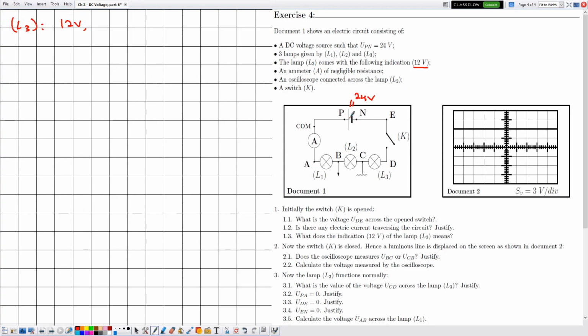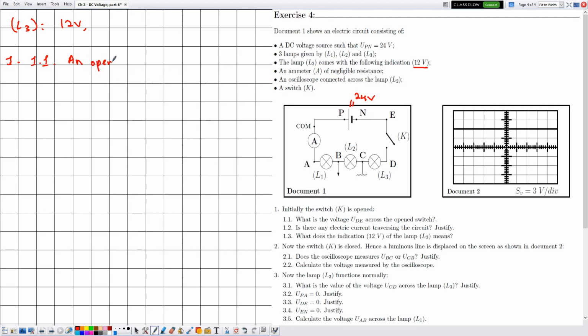An ammeter A of negligible resistance, an oscilloscope connected across the lamp L2, a switch key. Now in number 1 they are telling me initially the switch key is opened, so 1.1. What is the voltage UDE across the open switch? We know that always an open switch in series with the battery has the same voltage as the battery, which is given by, in this case, 24 volts.